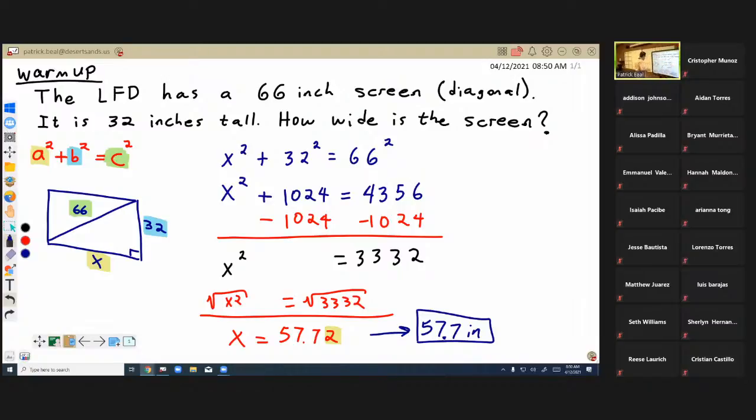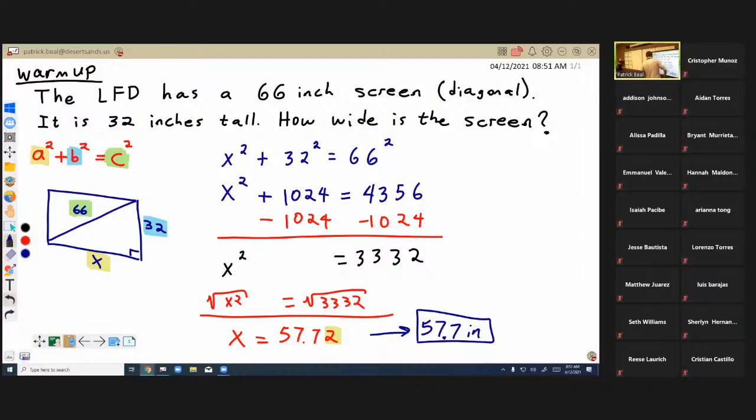The screen is about 32 inches tall. Right here, that's 32 inches. The question we were answering using the Pythagorean theorem was, how wide is the screen? We predicted, according to our formula, that it should be almost 58 inches, just under 58 inches wide.